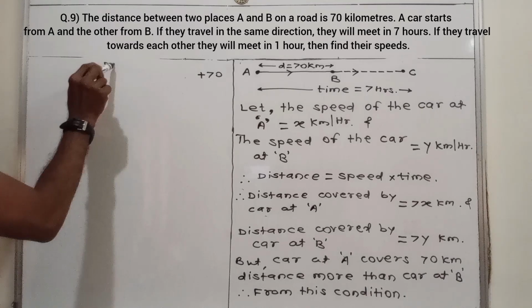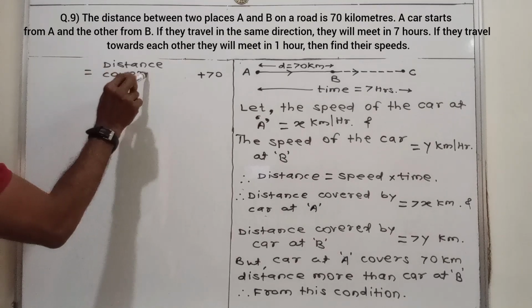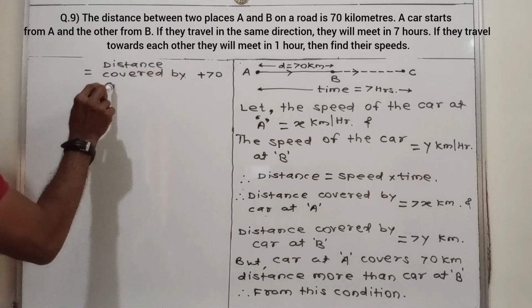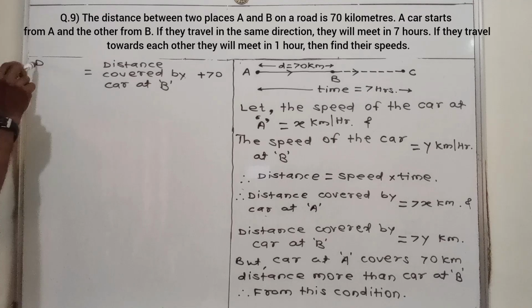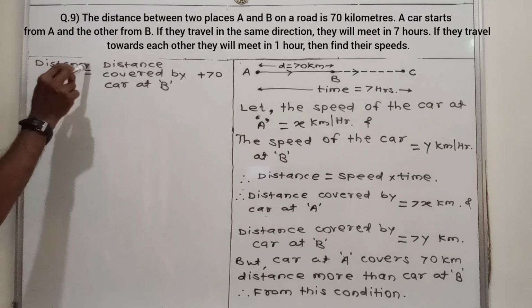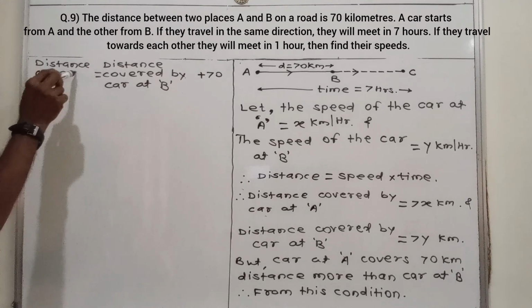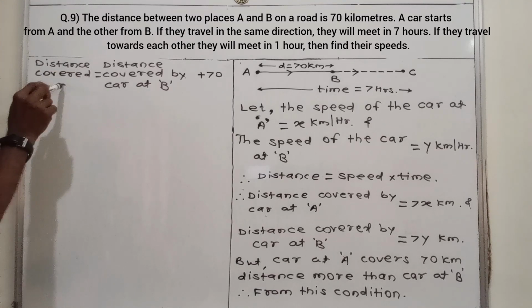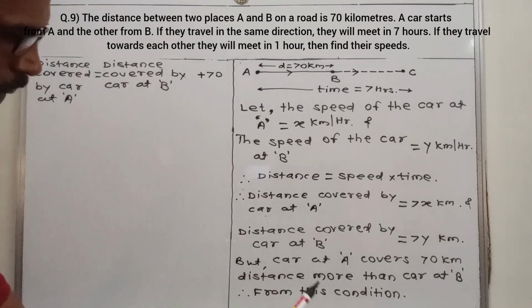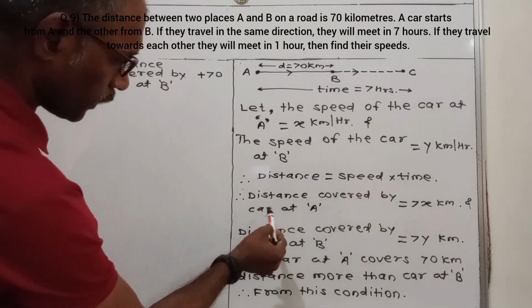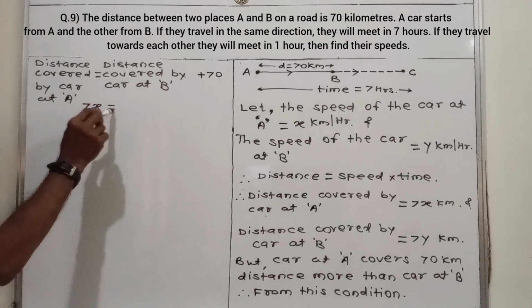Distance covered by car at B, and here distance covered by car at A. Now distance covered by car at A is 7x kilometer.